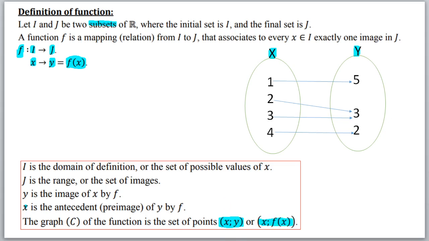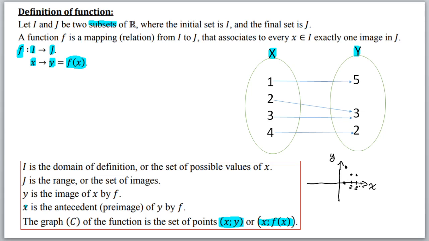In a clearer way, the first set x is gonna be here and the second set y is gonna be here. Okay. For example, in this graph 1 gives 5. Suppose here I have 1 and here I have 5. So this is a point. 2 gives 3. 3 again gives 3, so it's okay, no problem.